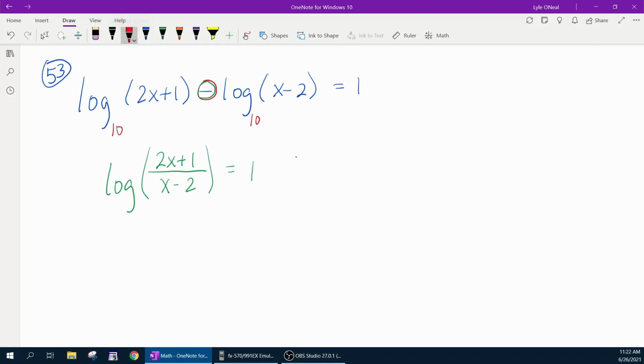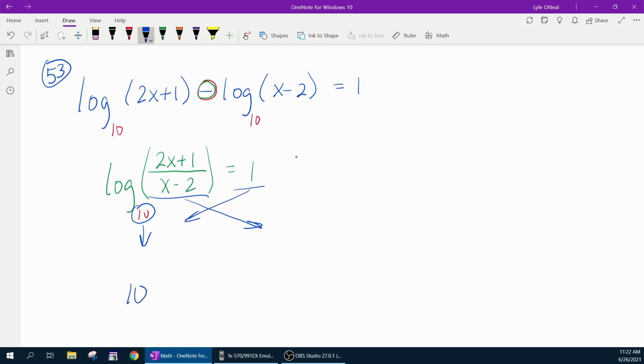And I am going to put that 10 back in there. You know why? Because now that I have the equation simplified down to a single logarithm, I can now convert to exponential form.